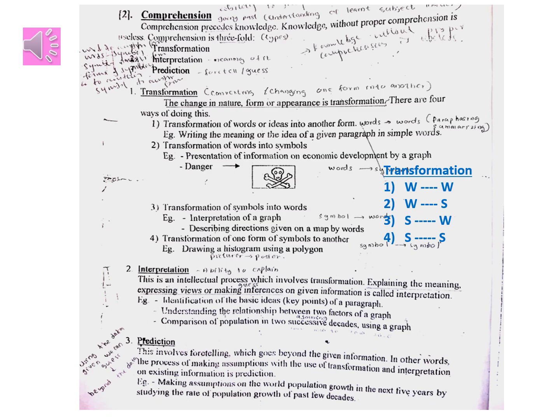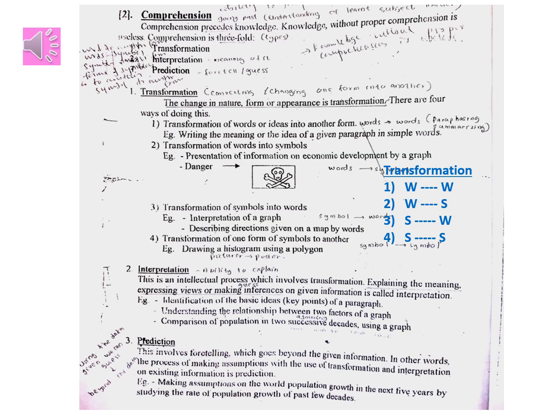You are transforming. The paragraph is there, you read it and you understand it, right? Then you write the meaning of that paragraph in your own words. That's paraphrasing. So that is transformation. Words to words, right? That's why I have written W to W, words to words. That's one way of transforming.